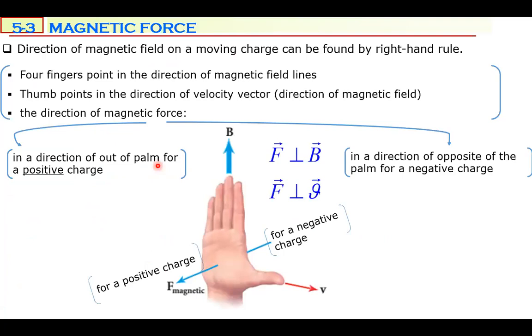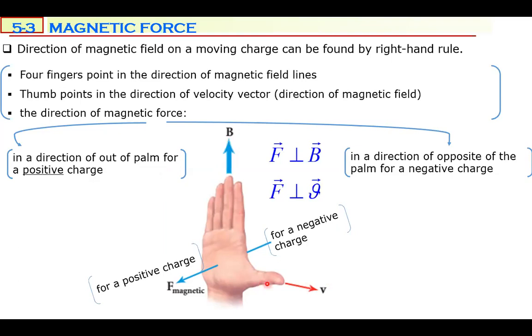We are going to find the direction of the magnetic force. We will use the right hand rule again. B will be represented by these four fingers. Four fingers are representing the magnetic field lines. The thumb is going to represent the direction of the motion of the charged particle.